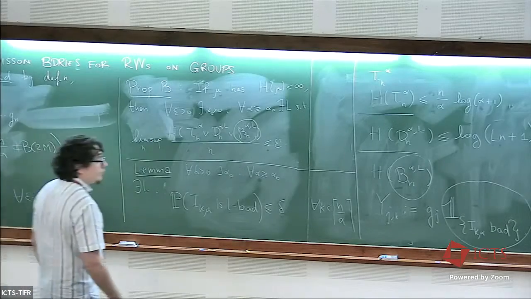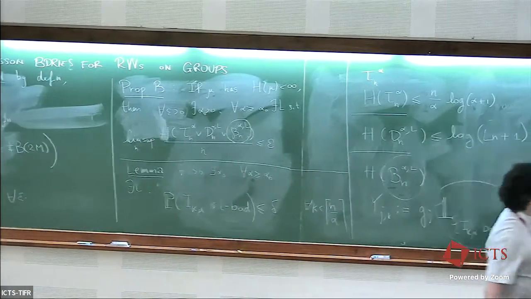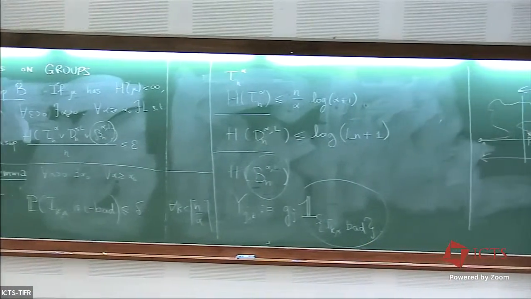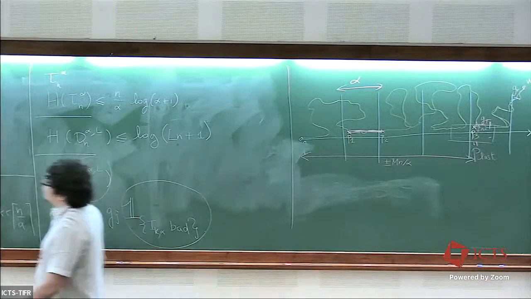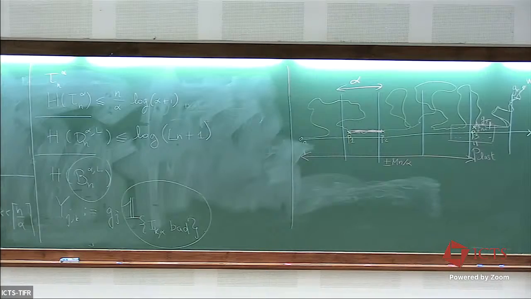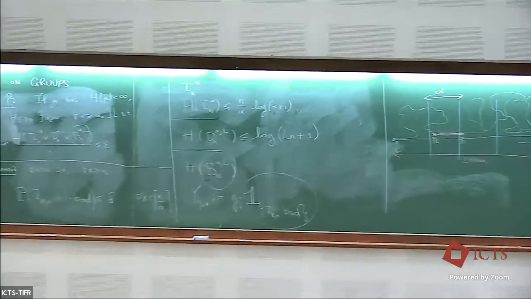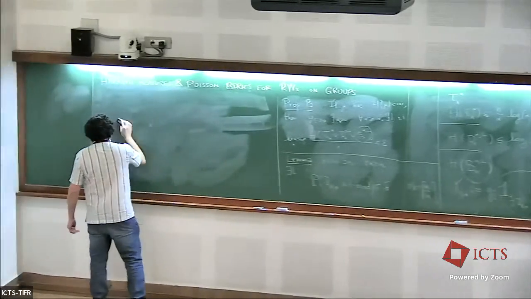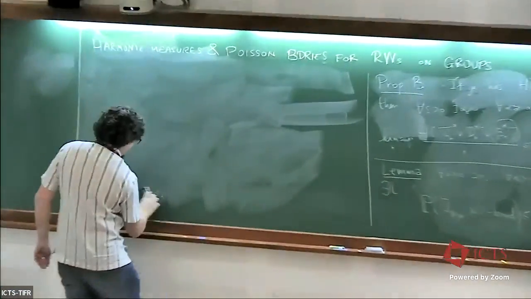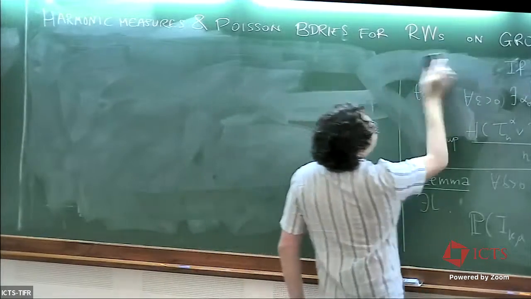Good. Let's go to the next topic, which was related to the singularity of harmonic measure for certain random walks on Fuchsian co-compact groups. So let me state the theorem that I stated the first day.